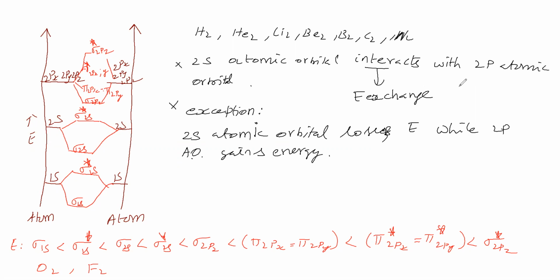Which will gain energy, all three or any one? The one which is interacting will gain energy. Among x, y, z in 2p, the one interacting with the 2s will gain energy, and the one not interacting will not gain energy.